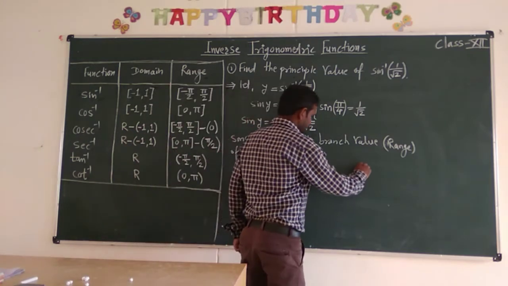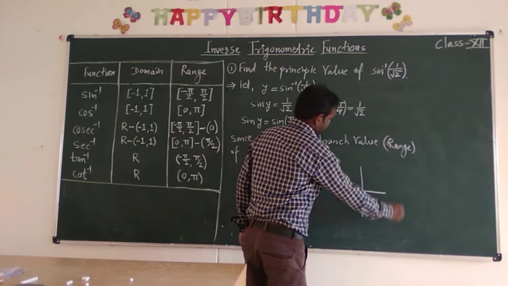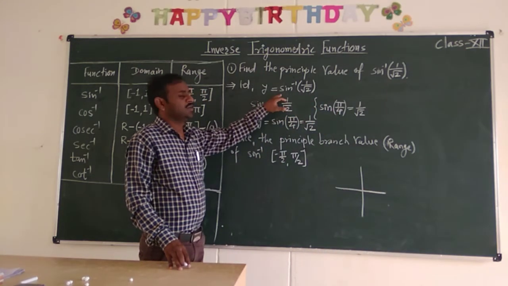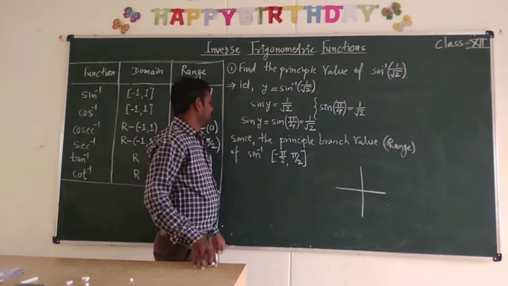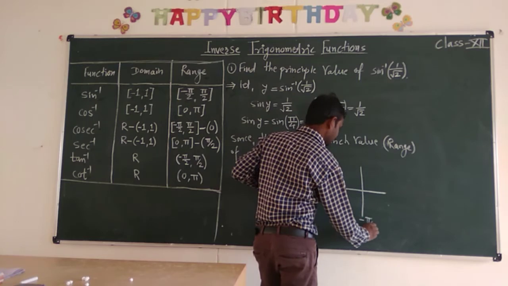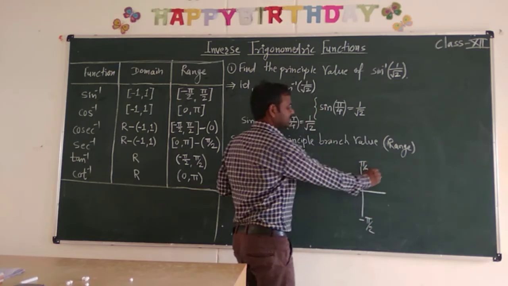So sin y equal to 1 upon root 2, and 1 upon root 2 is positive, and we know that the principal branch is minus pi by 2 to plus pi by 2, correct?